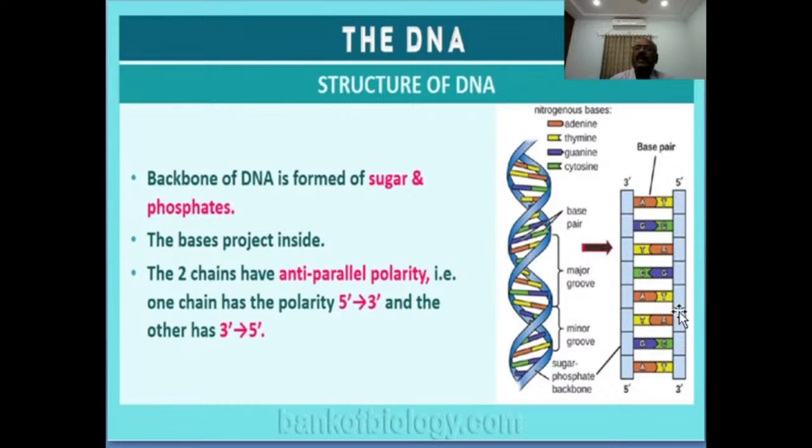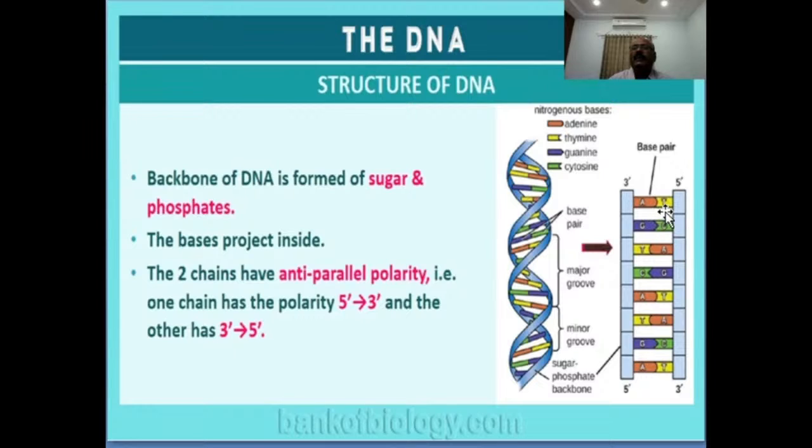Two strands are connected anti-parallel. So, this is the starting point, this is the ending point. Here, this is the starting point, this is the ending point. So, two strands are arranged anti-parallel. And these two strands are connected with hydrogen bonds. That means, you see, this is a nitrogen base, this is a nitrogen base.